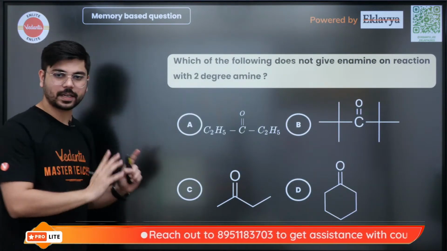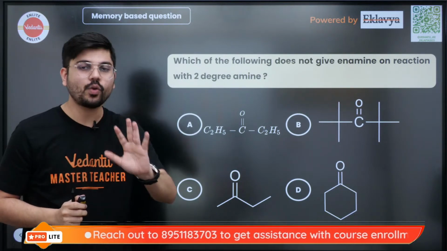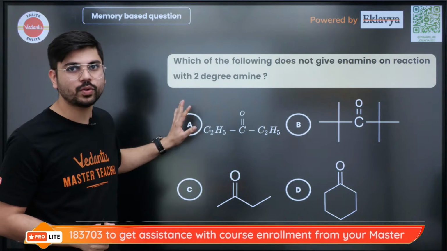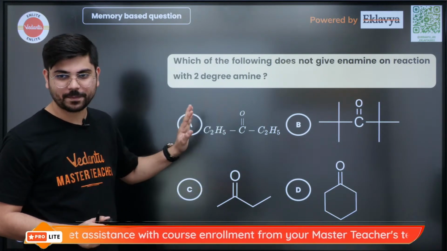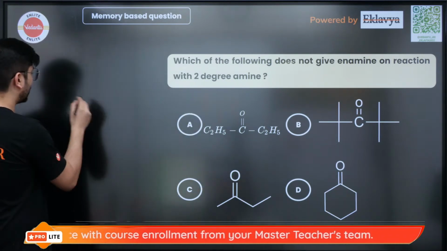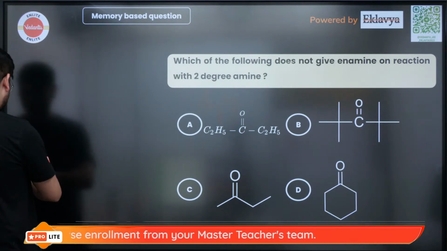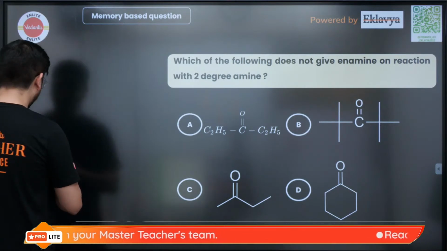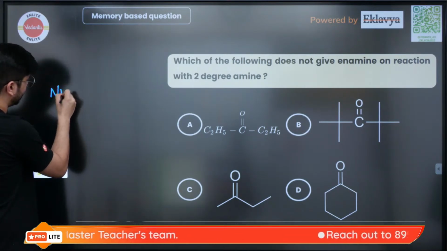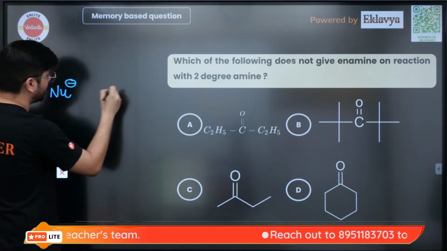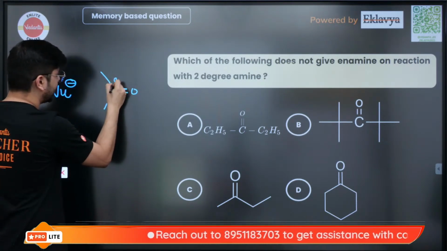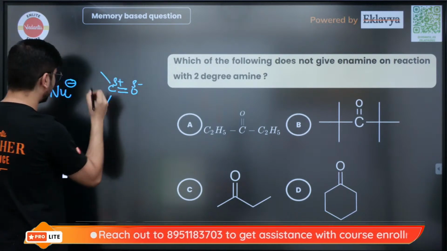Okay, now this is something that few of you might be stuck in. Okay, before I explain you the answer to this question, I want to remind you that when you have a nucleophile and there is a carbonyl compound, this is delta positive, this is partially negative.